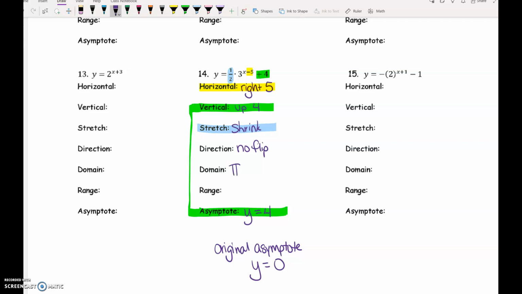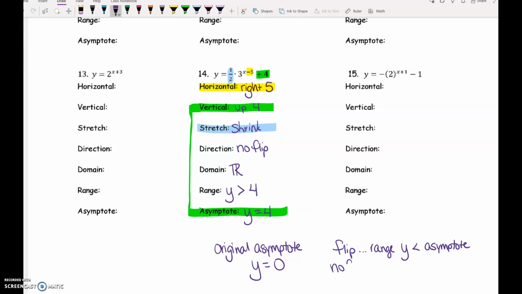The domain is all real numbers. You could basically write that in for all of the domains right now because all of the domains are all real numbers. The range, if there's a flip, the range would be y is less than. If there is not a flip, the range is y is greater than, and it's going to be greater than or less than the asymptote. So if there is a flip, then the range is going to be y is less than the asymptote.